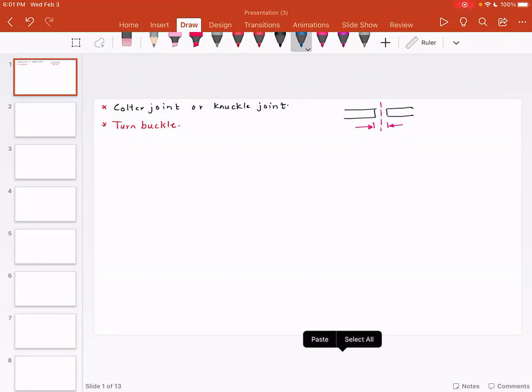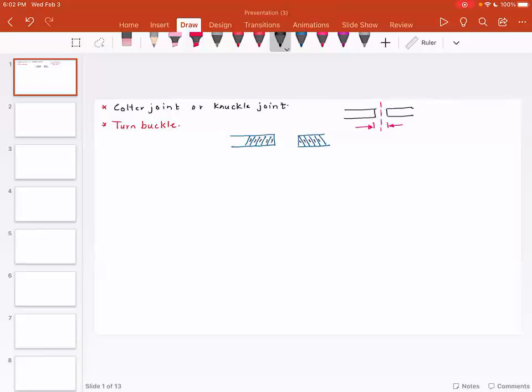So for an example, what you have is you have a screw, say it is left-handed screw on one side. You have screw that is right-handed on the right-hand side. So essentially, you have screws that are opposite oriented.